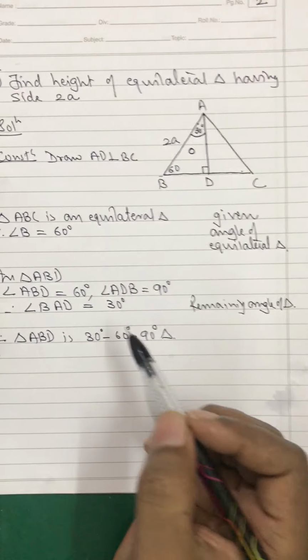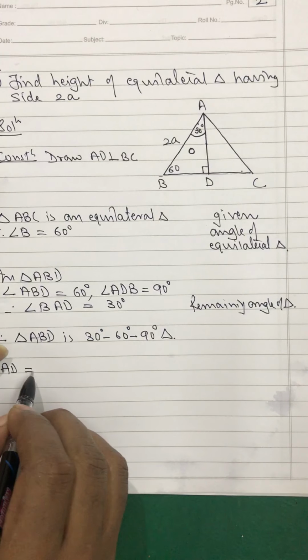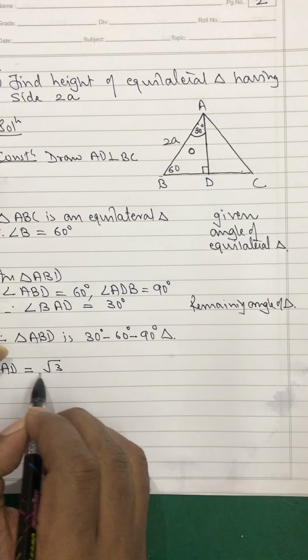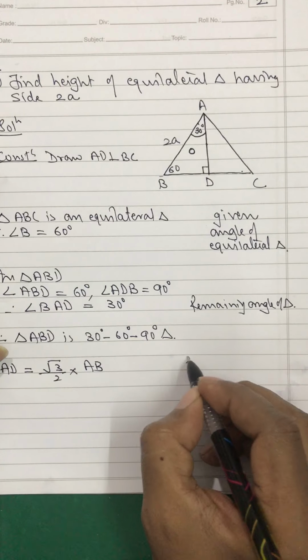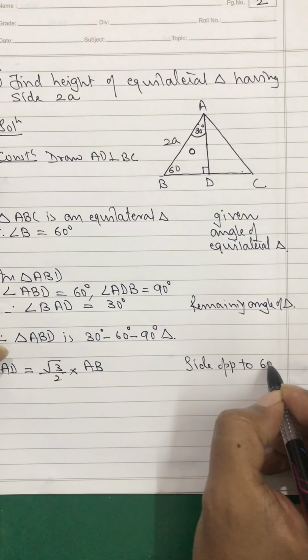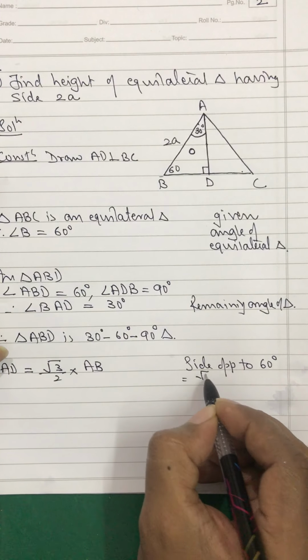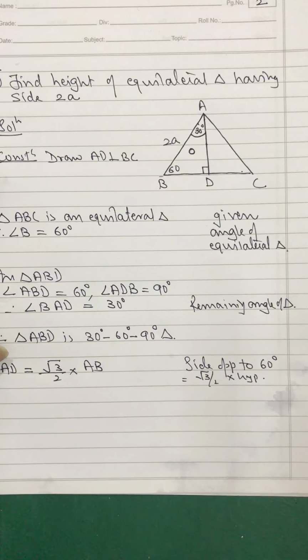Then we have to find AD. AD is the side opposite to 60 degree. AD is equal to the formula root 3 upon 2 times hypotenuse AB. Reason: side opposite to 60 degree is equal to root 3 upon 2 times hypotenuse. Fine.